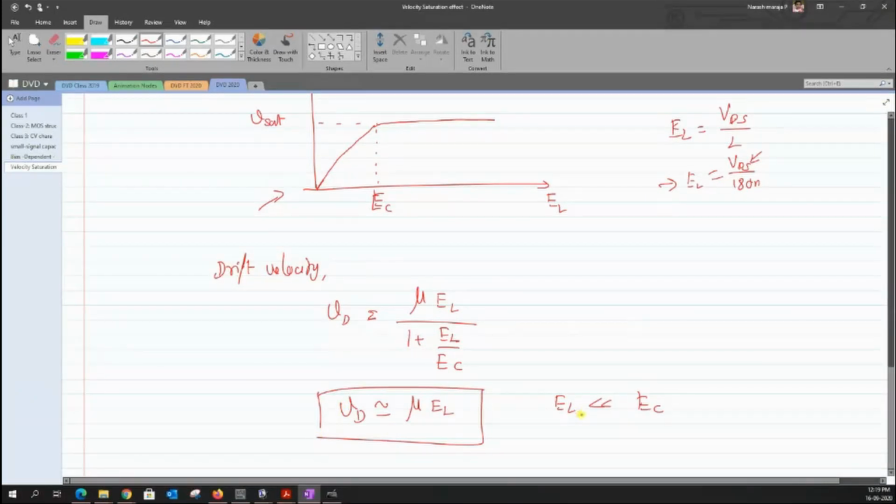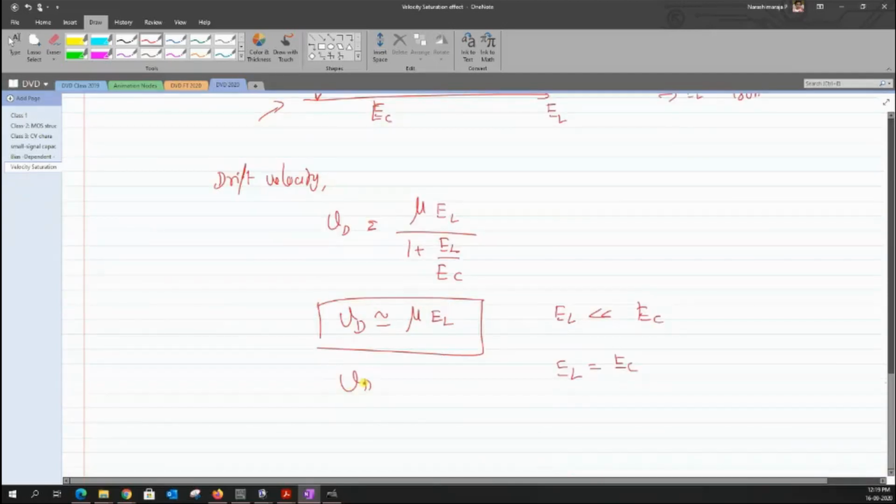But the moment I get closer and closer, say for the electric field that is exactly equal to the critical electric field, this drift velocity will become Vsat. And what is the value of this Vsat? When I plug in E equal to EC, it becomes something like this.